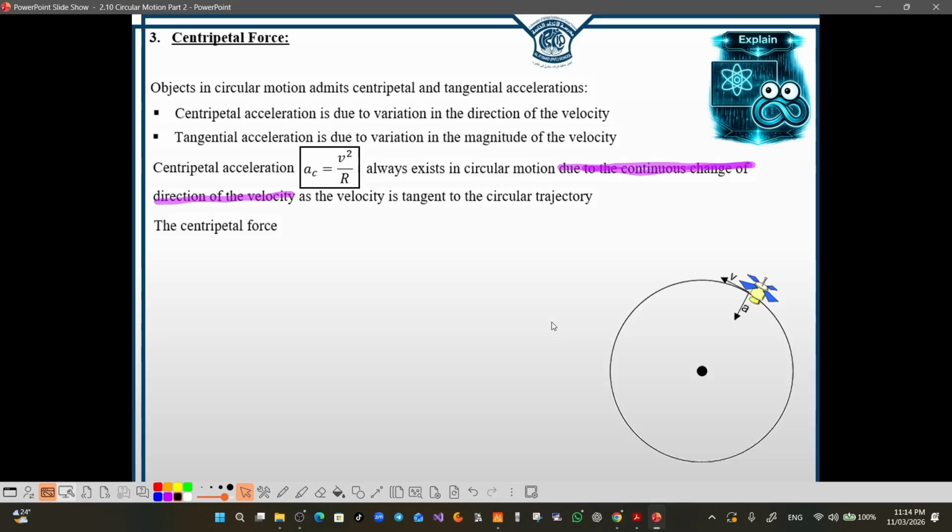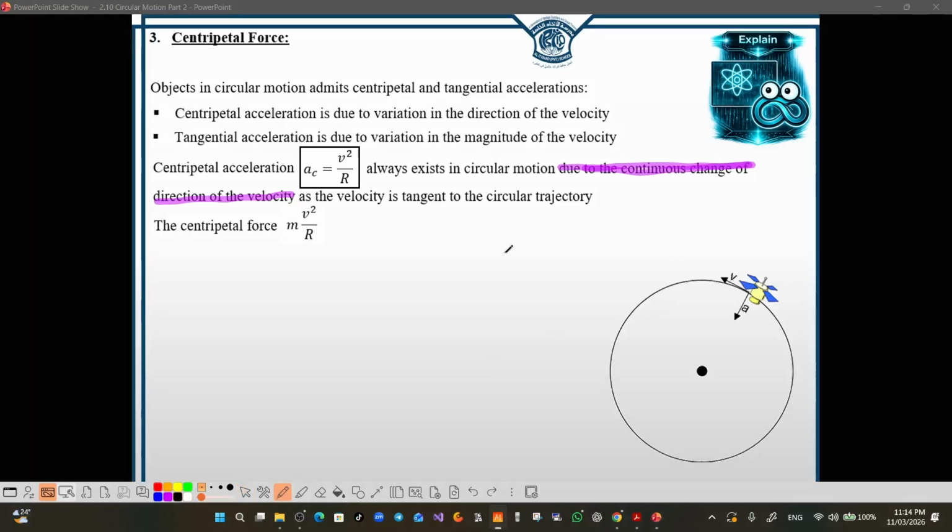Now, the centripetal force is defined to be m v squared over r. Simply, this is just Newton's second law, because v squared over r is the centripetal acceleration. So mainly we have m a_c. It's the force. But Newton's second law is now promoted to the centripetal level, because here we are dealing with circular motion. So this becomes centripetal force, and the acceleration becomes centripetal acceleration in any circular motion.